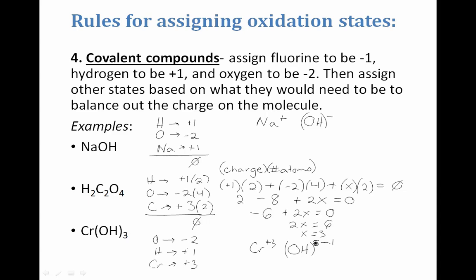Does that balance out? It definitely does balance out. Because if you take -2 plus 1, that gives you your -1 charge on hydroxide. There are 3 hydroxide ions, so that gives you a total of -3 on the right and +3 on chromium. So those would be your oxidation states of every individual atom within this molecule. Next rule.